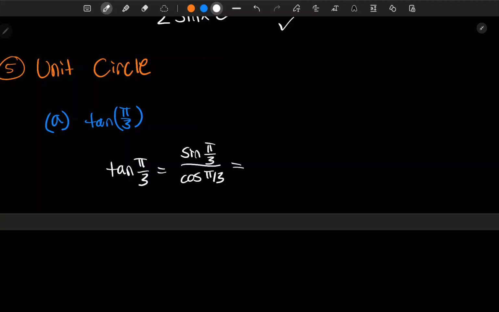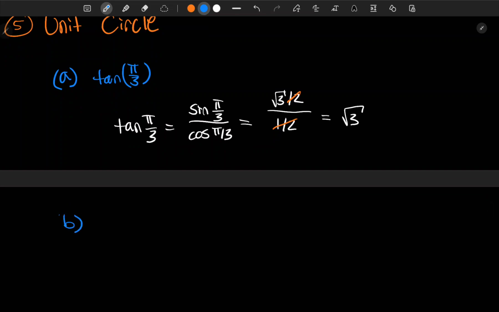And further, we know that sine of pi over 3 is equal to square root of 3 divided by 2. And we know that cosine of pi over 3 is equal to 1/2. Well, the 1/2s here cancel out in the numerator and the denominator, so that we're left with tangent of pi over 3 is equal to the square root of 3.